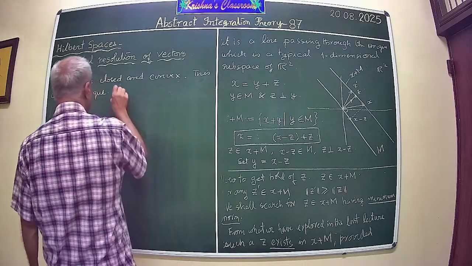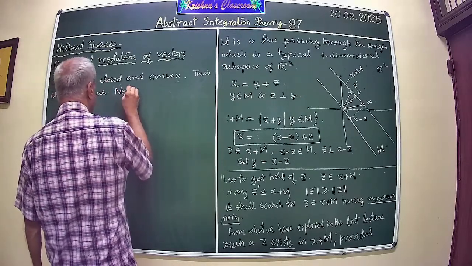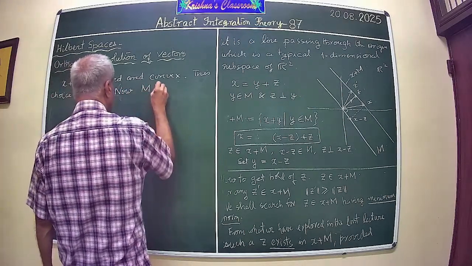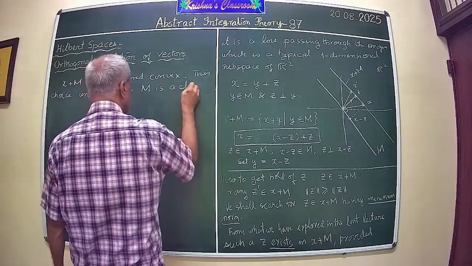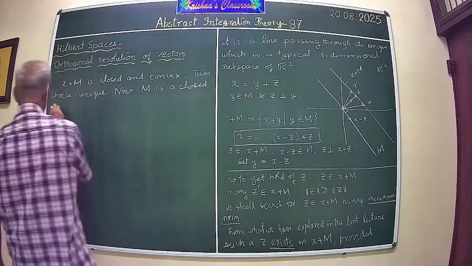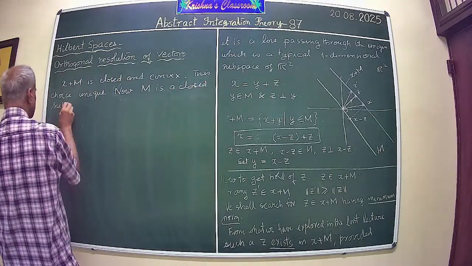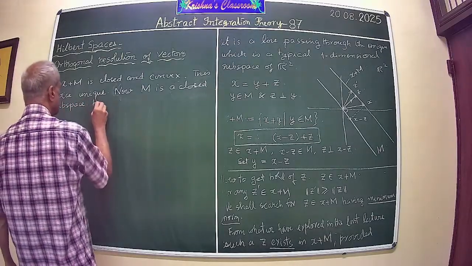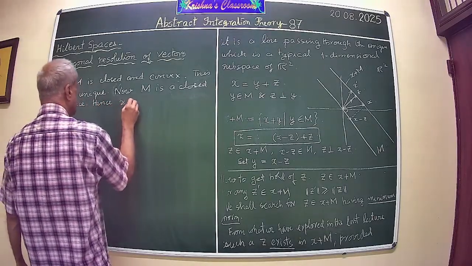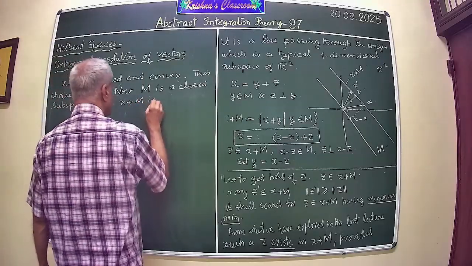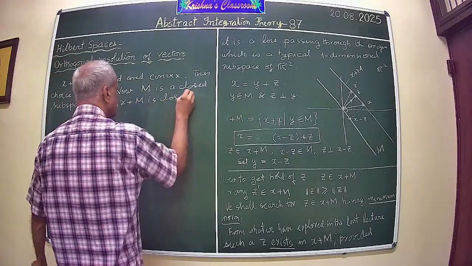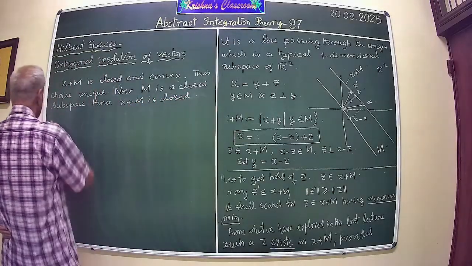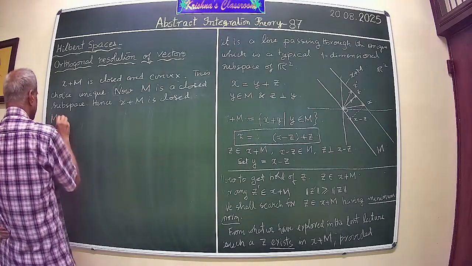Now M is a closed space. Hence x plus m is closed. So also x plus m is convex.